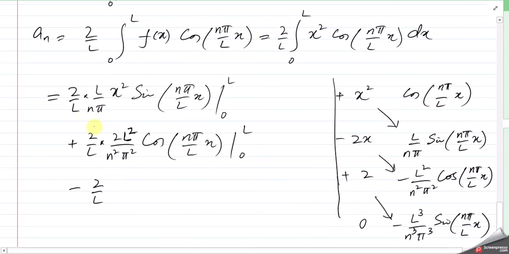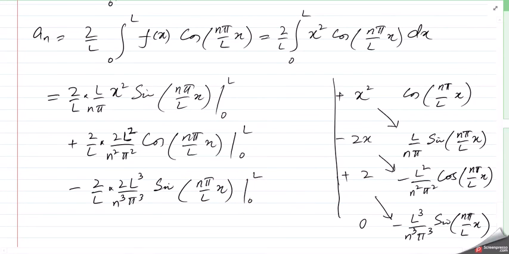I don't want to put a big bracket for 2 by L, so I'll multiply it with every single number inside. So this 2 and this 2 will make 2L cube over n cube pi cube sine n pi over Lx, 0 to L.